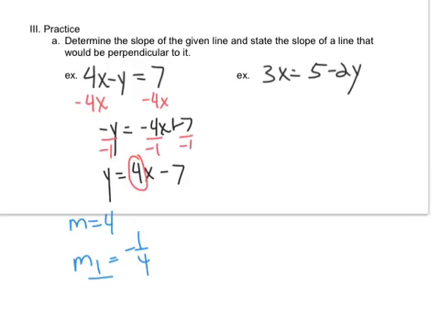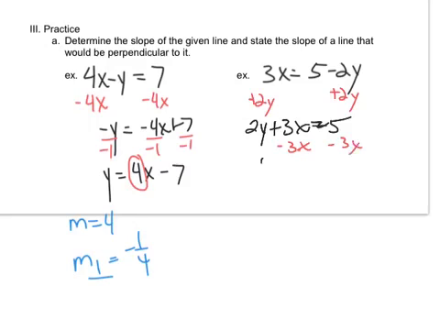So here's a second example. 3x is equal to 5 minus 2y. I'm going to get y by itself. I'm going to get it positive, so I'm going to add 2y to both sides. And that gives me 2y plus 3x is equal to 5. I'm going to subtract 3x. And I get 2y is equal to negative 3x plus 5.